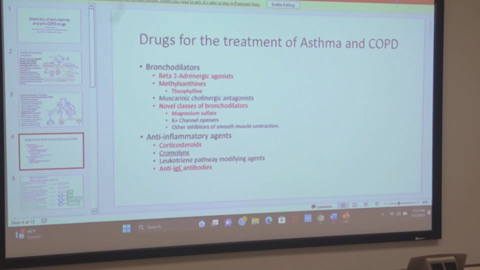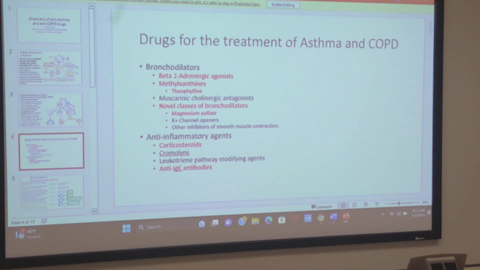So the list here: beta-adrenergic agonists, which are bronchodilators, and methylxanthines, one of them being theophylline, which is also a bronchodilator. Then a novel class of bronchodilator I would like to touch on, magnesium sulfate.